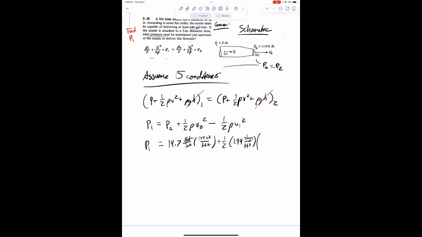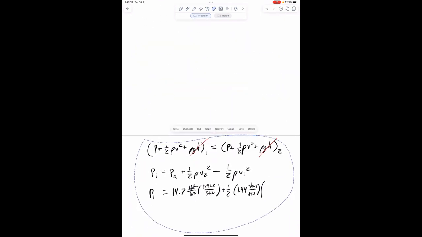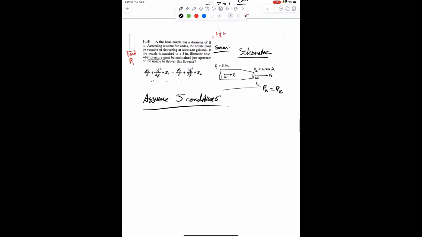We're given volumetric flow rate. It's the same because we have one inlet, one outlet, so both Q's are equal to each other. It's 250 gallons per minute traveling through your nozzle. We want to convert. So to convert gallons to cubic inches, we use 231 cubic inches per gallon.